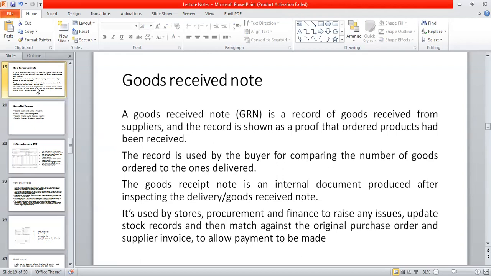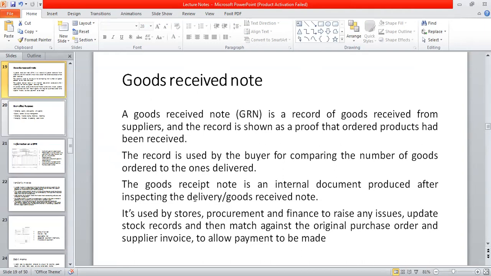So usually the supplier will send the goods with a delivery note, which is maybe after checking the goods and if the procurement officer is satisfied with the goods, they can sign a copy of this delivery note and return it back to the supplier.